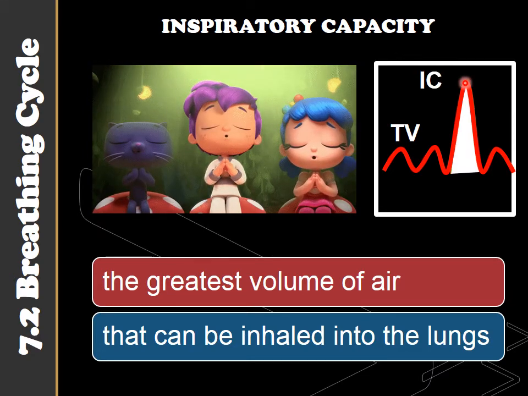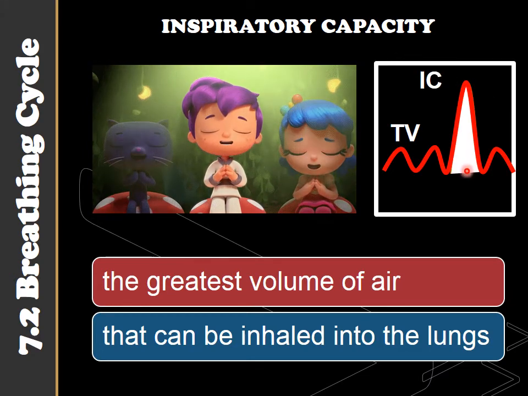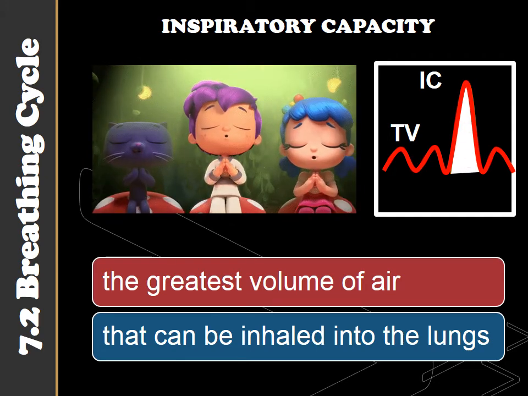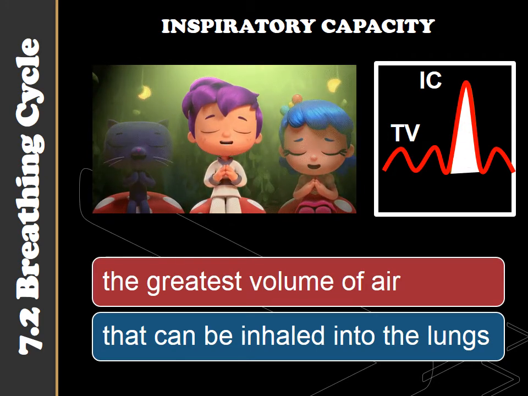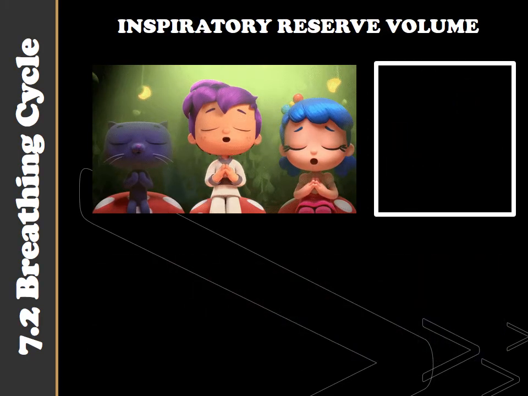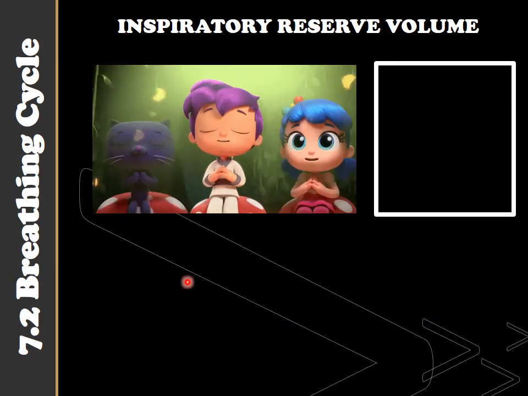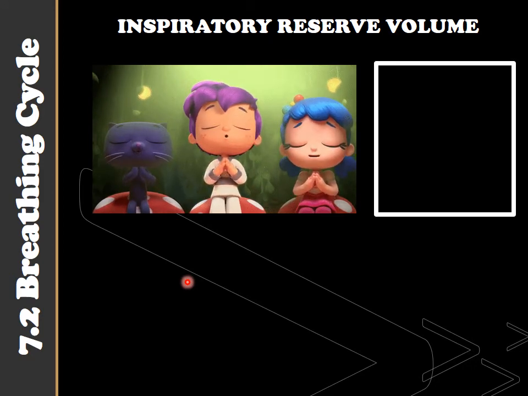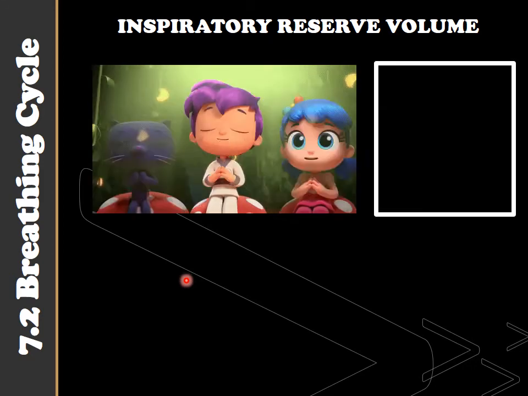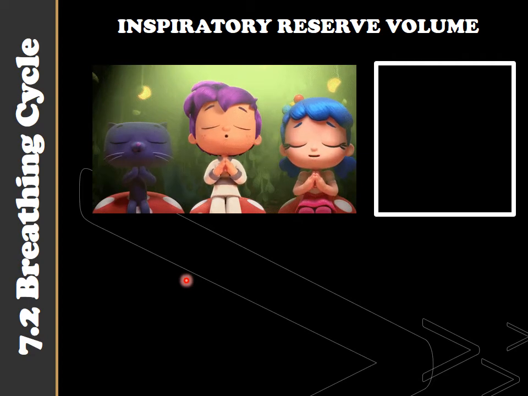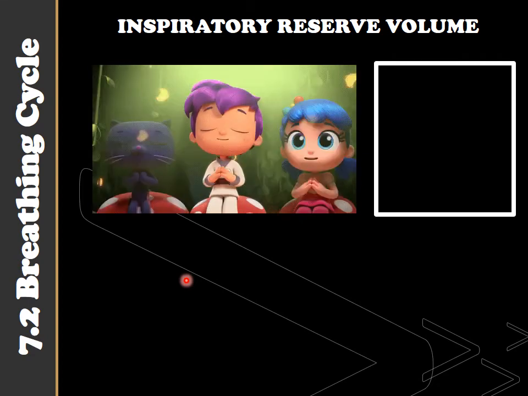So that will be the inspiratory capacity. The height of this graph is the inspiratory capacity. So when we take a normal breath, that is known as the tidal volume, and when we take a deep breath, that is known as the inspiratory capacity.